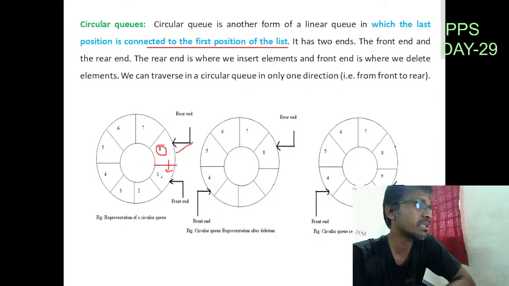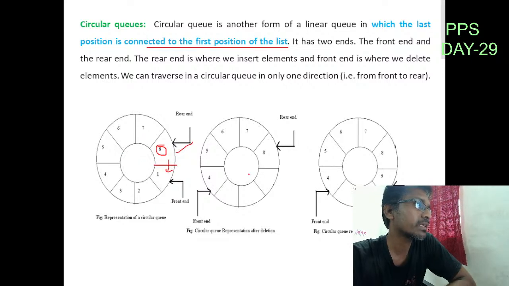Are you understanding what I am saying? Whenever the last position is connected to the first position, then you can say that the circular queue is full. I hope you will be understanding what I am saying.